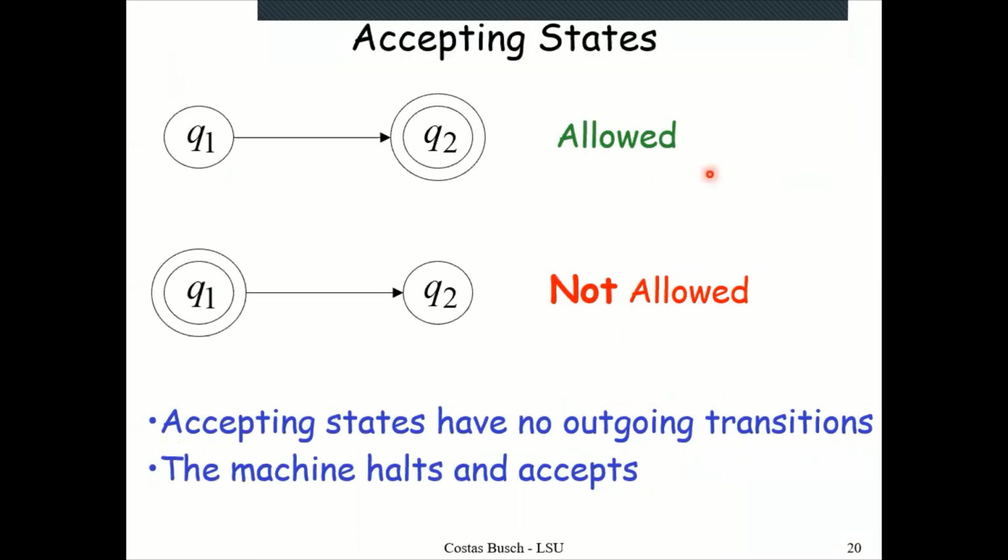And what else? As far as Turing machines are concerned, we will not allow outgoing arrows from the accepting states. So if the machine lands onto an accepting state during the computation, it will just remain there. It will not perform further computations.